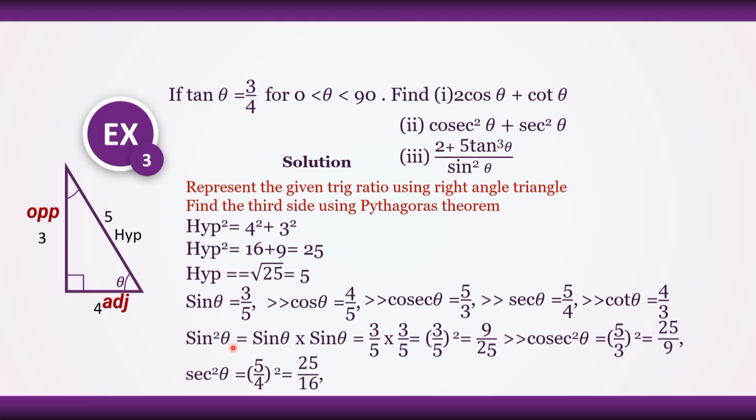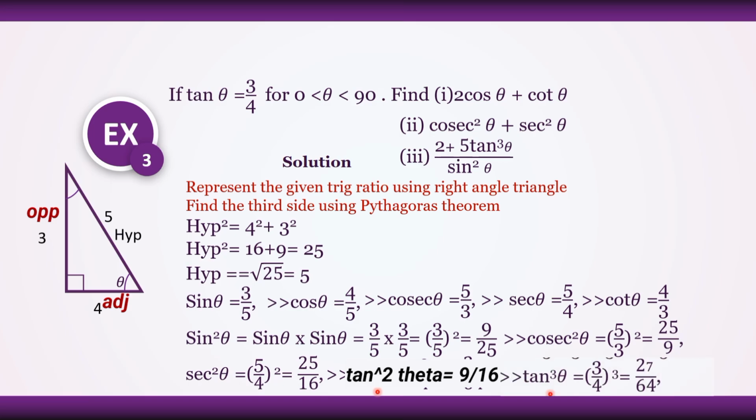The next is sec square theta, and sec square theta is 5 over 4 square, and that is 25 over 16. And we also have tan square theta. Tan square theta is 3 over 4 square, and that is 9 over 16.